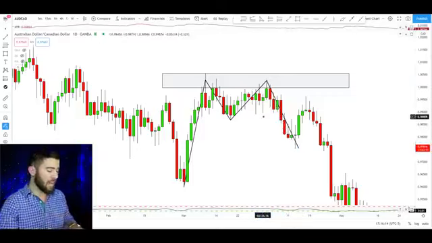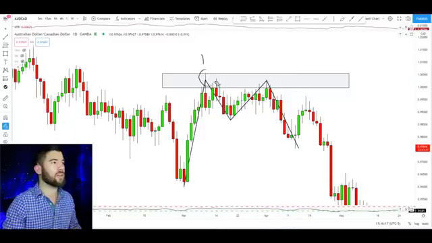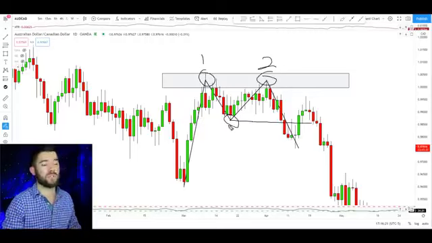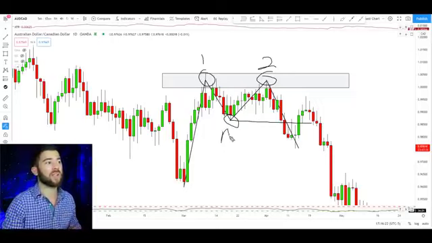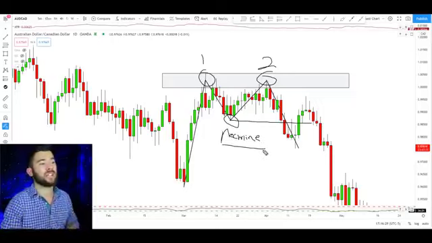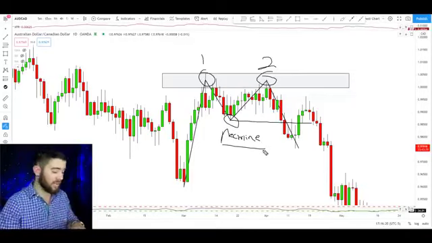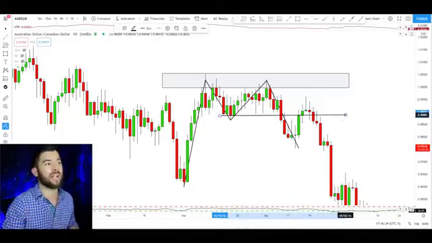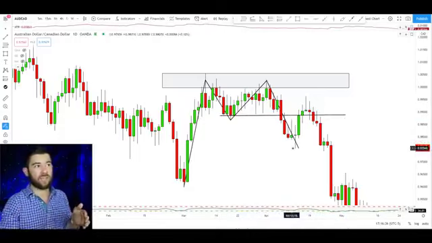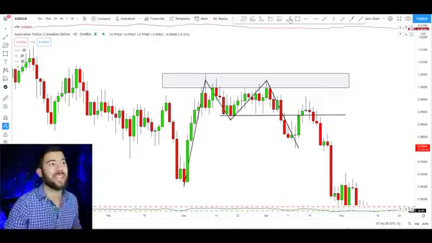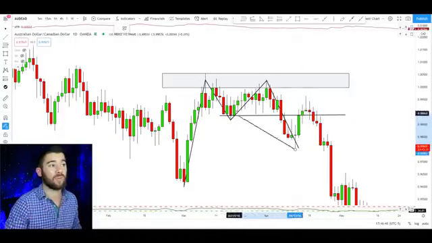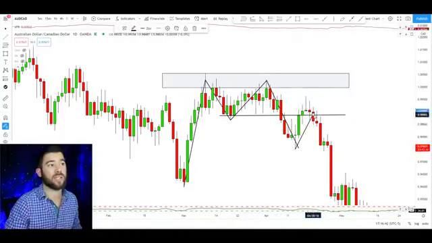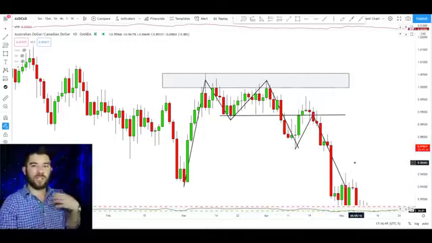So on a double top, we have top number one right here, we have top number two right here, and the support level that was created after top number one is known as our neckline. We need that neckline to break to validate that this is actually a double top. And the way we're going to be trading these today is by waiting on a pullback after that validation, after that break. We want to see a pullback into our level of support, and that's where we're going to be placing possible trades and looking for the continuation down.